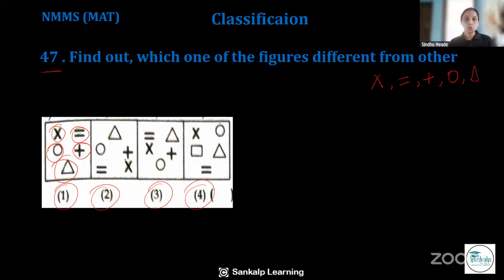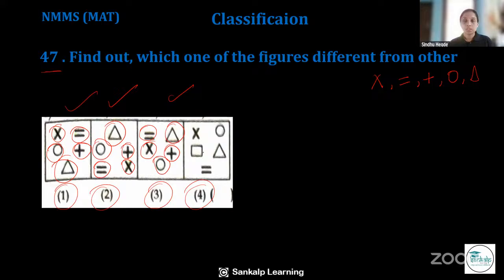Then come to image 2. It contains multiplication, equal, plus, circle and triangle. So both figures are filled with the same symbols. Come to option 3. Here multiplication is there, equal sign is also there, plus is also there, circle is also there and triangle is also there. Come to option 4.